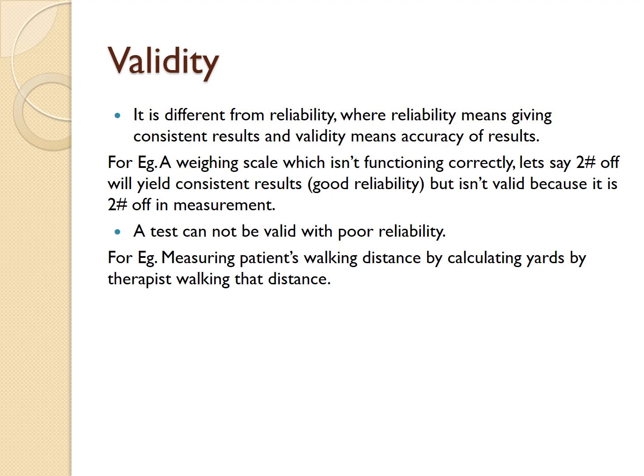Okay, so this is a different perspective of it. Now, let's say we use a yardstick, which is about 1 meter and has a fixed length, to measure the distance. Now you're measuring that patient's walking distance using the yardstick, and placing the stick repeatedly at the same angle in the same direction.